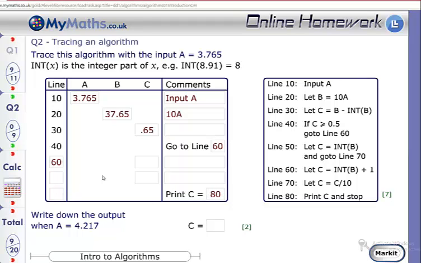Fair enough, yeah. So I don't get this though. Line 60. Why are you going down there? So you've gone to line 60, which is there. Did you put that 60 there? Yeah, no, it just comes up automatically. I think that looks alright. Let's just keep going. What do you do at line 70 and 80 probably? Hold on, I think you're guessing it there. Just go line by line.